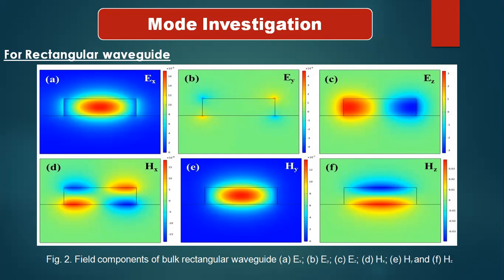But unfortunately, that is not the case along the y and z directions. In both cases, the high intensity is not inside the waveguide and definitely not in the desired region. In the case of the magnetic field, along the y direction, there is high intensity at the center of the waveguide, which is also the desired region. But that is not the case for Hx and Hz. From this, we can conclude that the mode of propagation is positive.